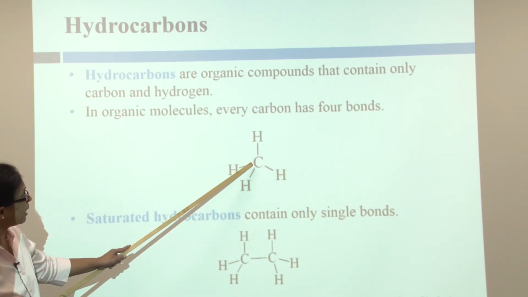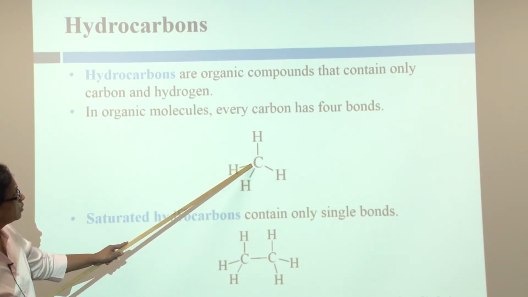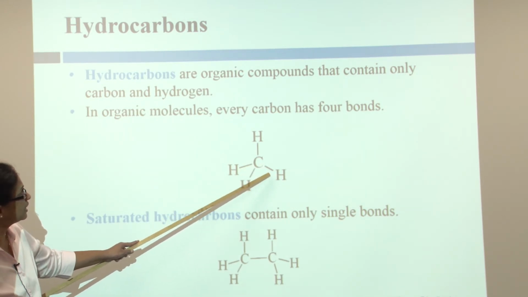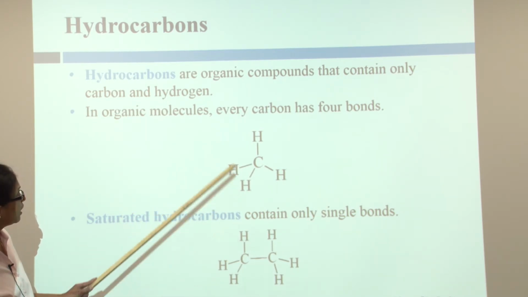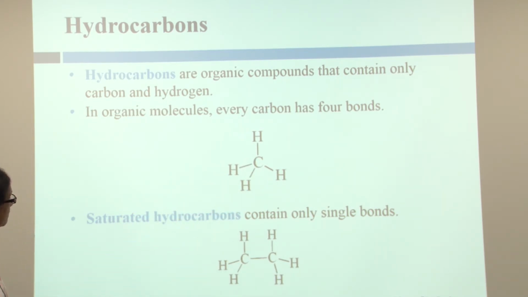So every bond is 2 electrons: 1, 2, 3, 4, 5, 6, 7, 8. So carbon is completing the octet by forming 4 bonds. Every carbon has 4 bonds. With hydrogen, there are 4 hydrogens, 4 bonds. Saturated hydrocarbons contain only single bonds.